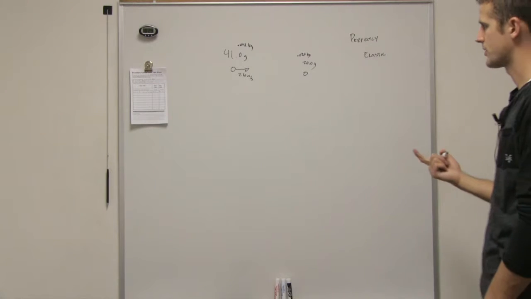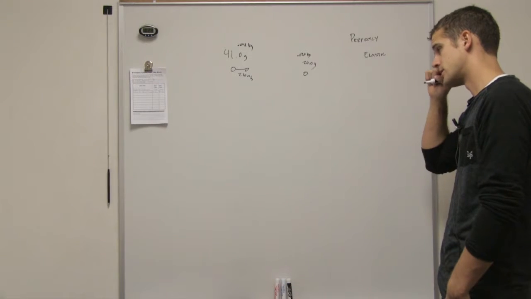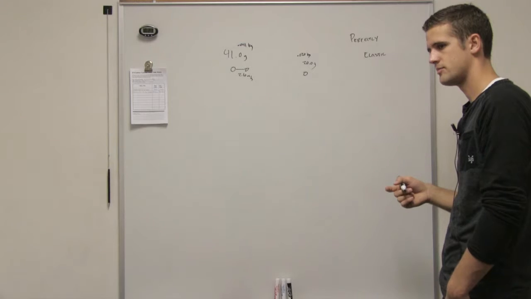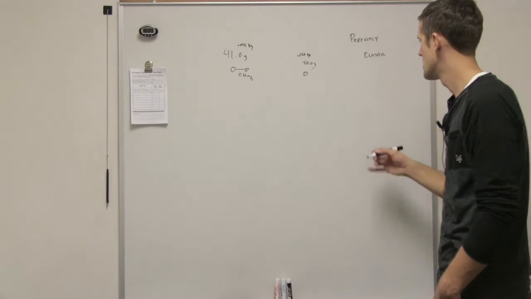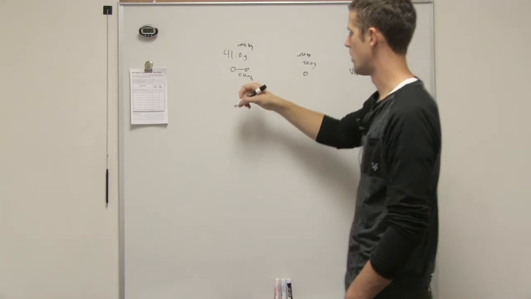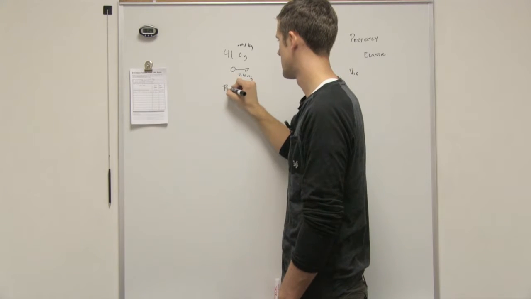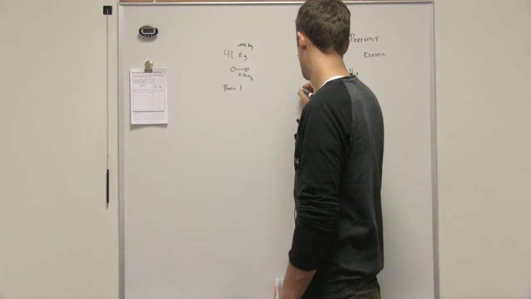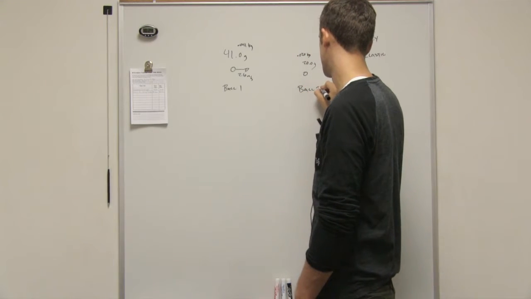Right. With a perfectly elastic collision, there are actually some equations that we use for it. The velocity of the first, so this would be ball one, and then the one that isn't moving is called ball two.